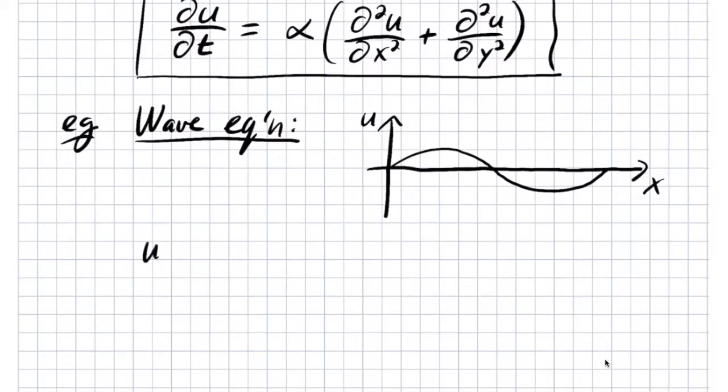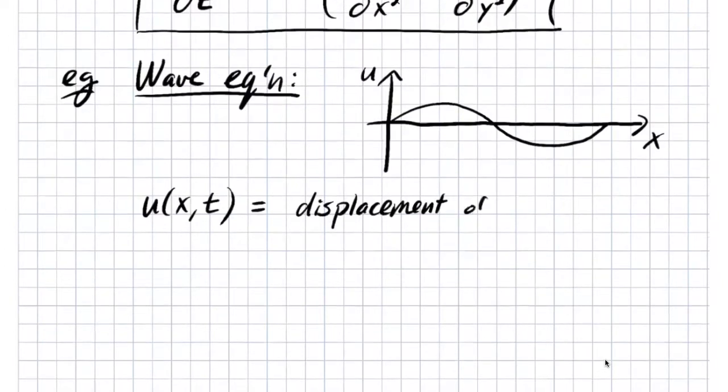So we can let u represent the displacement from the x-axis. So the displacement, which could be positive or negative, of the string at point x, a specific point along this x-axis, and then at time t.